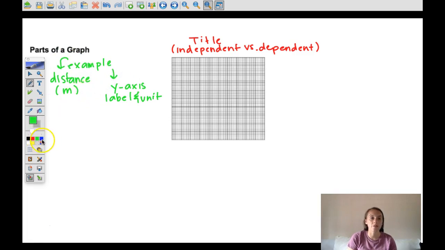If we have a label and a unit on our y-axis, then we're going to need the same on our x. So another example, because our variables are going to be different, is time in seconds.